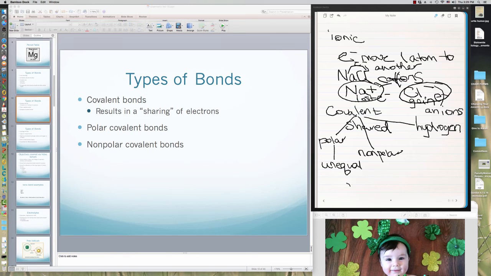A good example of this is water, which you may have seen drawn like this before. It kind of looks like Mickey Mouse. You have your oxygen and your two hydrogens, and they're sharing electrons.